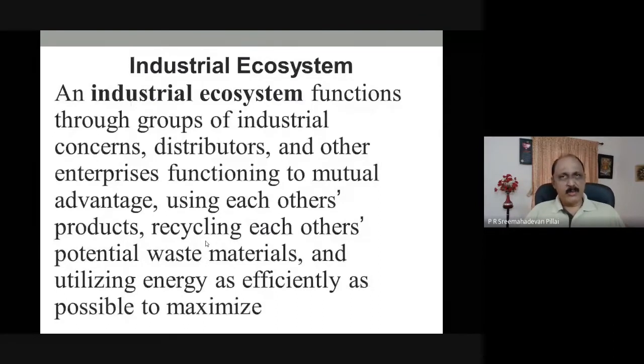Even the commodity may be wasted, or even the packing may be wasted. So all these people are involved in the ecosystem of industry. So industrial ecosystem means right from the manufacturer to the distributor to the consumer, and then to the disintegrating agencies, mostly bioorganisms, which are the disintegrating agencies. All these come under the industrial ecosystem. Let us see the next slide.